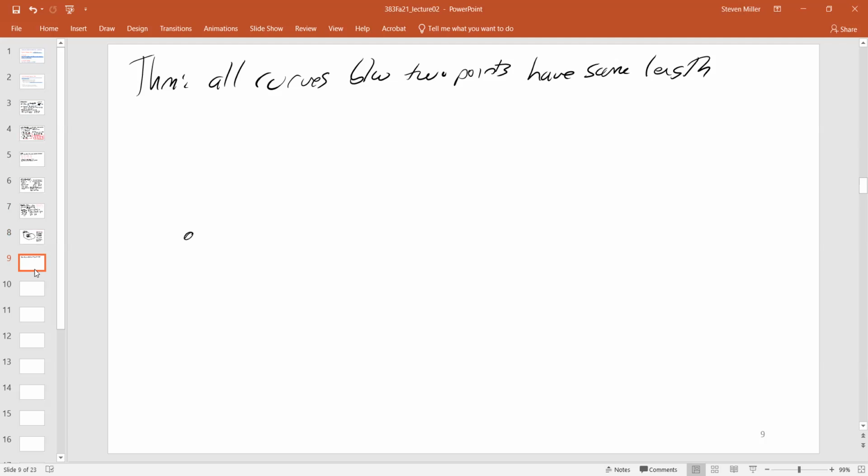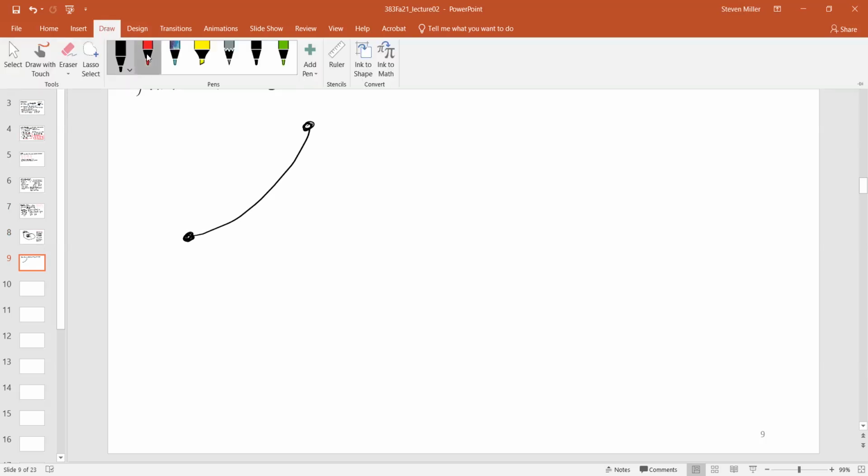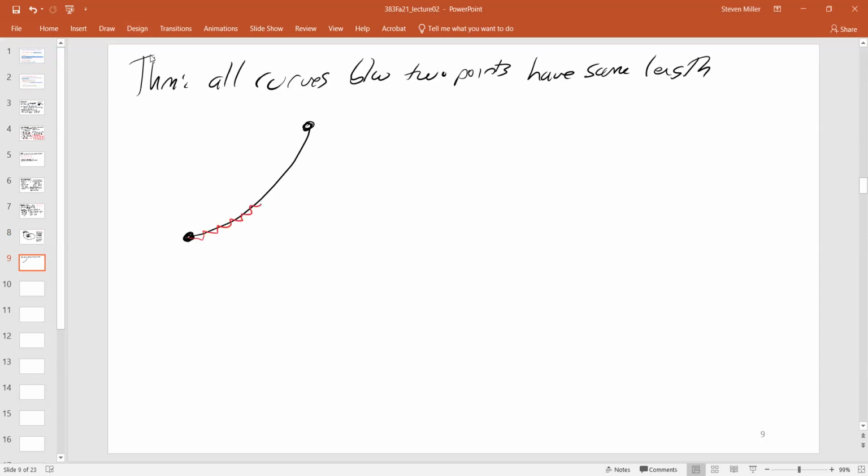Yeah. So here's 2 points. I'll draw a curve connecting them. Given that I've made so many mistakes today, you should probably watch this carefully. What I'm going to do is I will take a very small polygonal path. And you agree that in the limit, as I take smaller and smaller steps, this is going to become a closer and closer approximation to the curve.